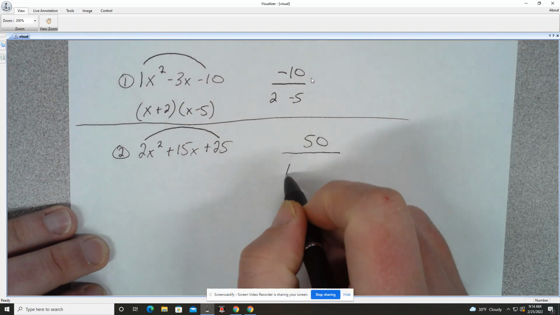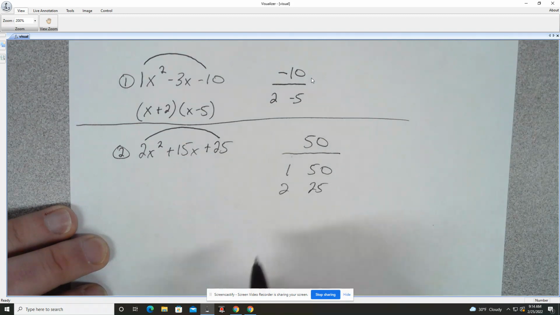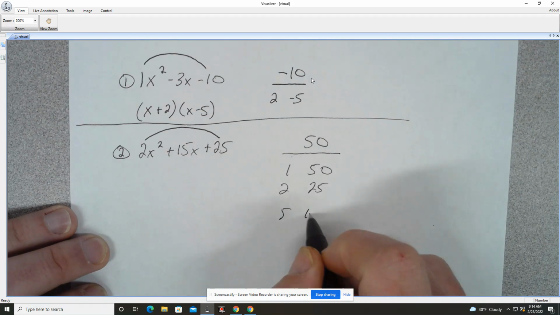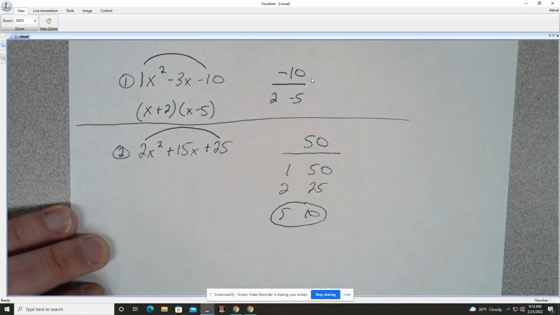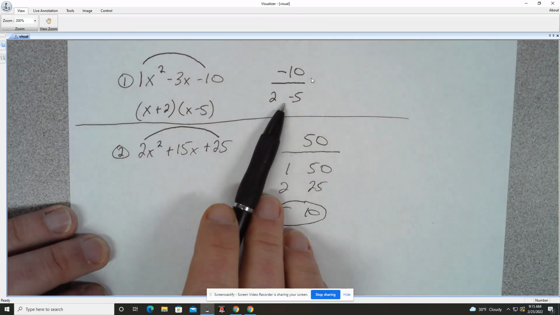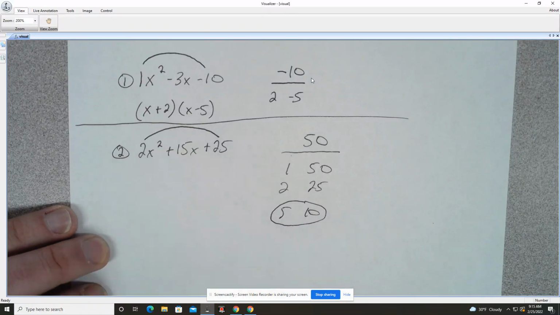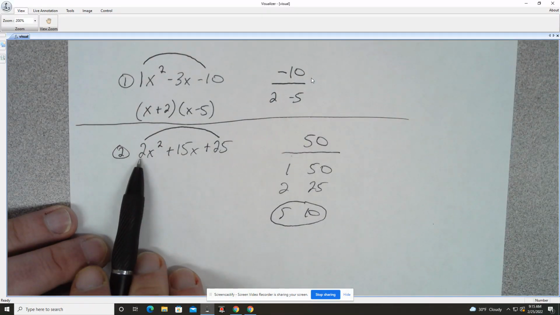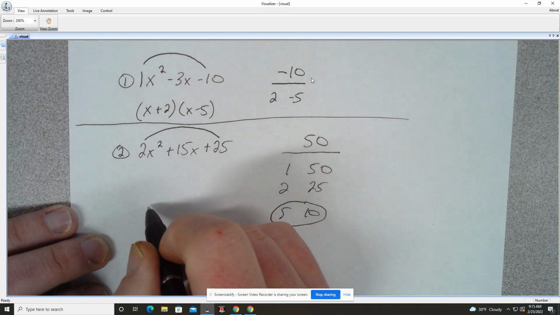So I could write out all my factors. Or if you kind of think your way through, 5 and 10 multiply to 50 and add to 15. Okay, before on problem 1, once we got to that step, we just wrote them out in this sense. But now we've got to multiply to a 2. So to kind of figure out how we're to do that, I'm going to create this little box.